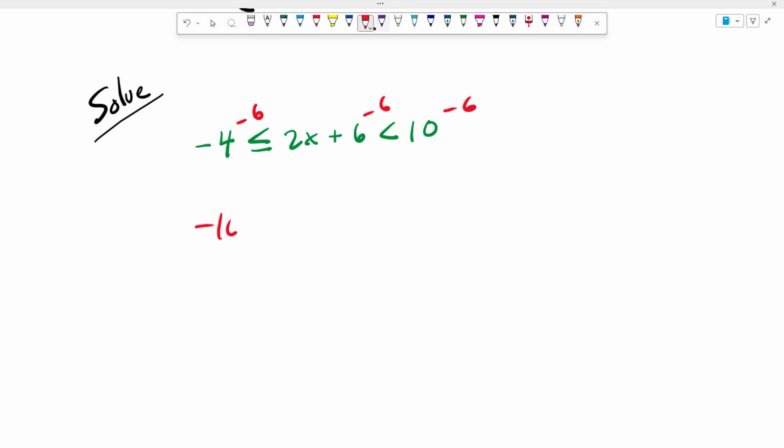So we get negative 10 plus the 2x plus 0 is less than 4.